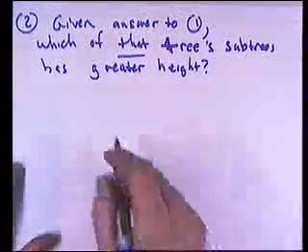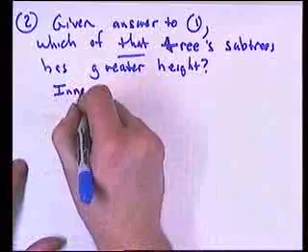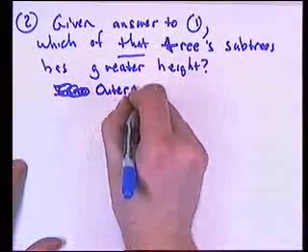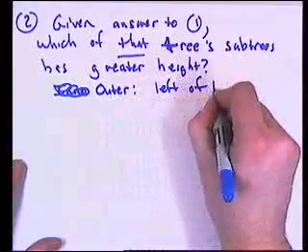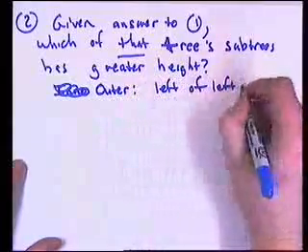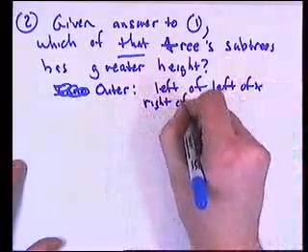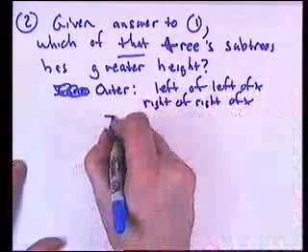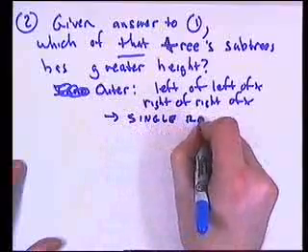And the answer is, if your answer is an inner subtree, or I should say first, let me do outer first. If it's an outer subtree, or in other words, if it's the left child of the left subtree of X, or the right subtree of the right subtree of X, then that means you do a single rotation.